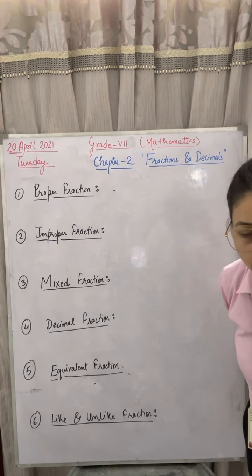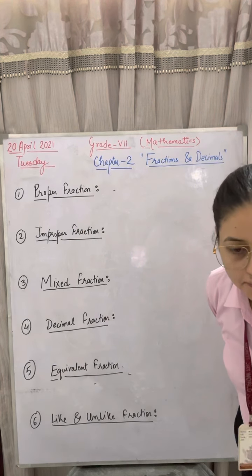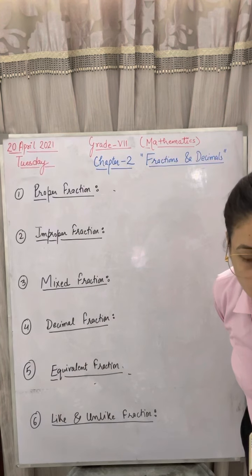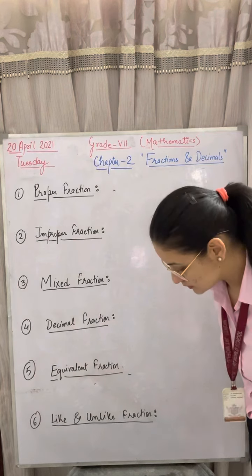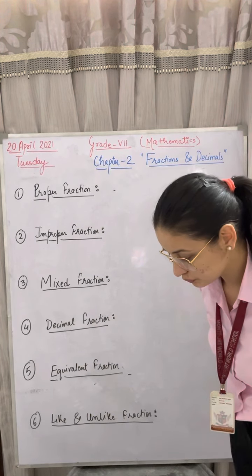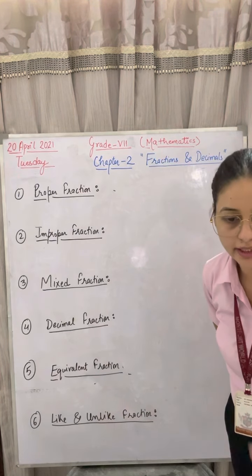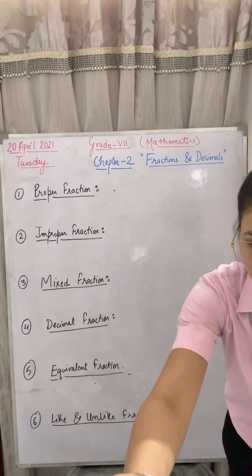Good morning, ma'am. Very good morning. What is a proper fraction? A proper fraction is one where the denominator is big and the numerator is small. Very good. When the denominator is bigger than the numerator. Very nice.